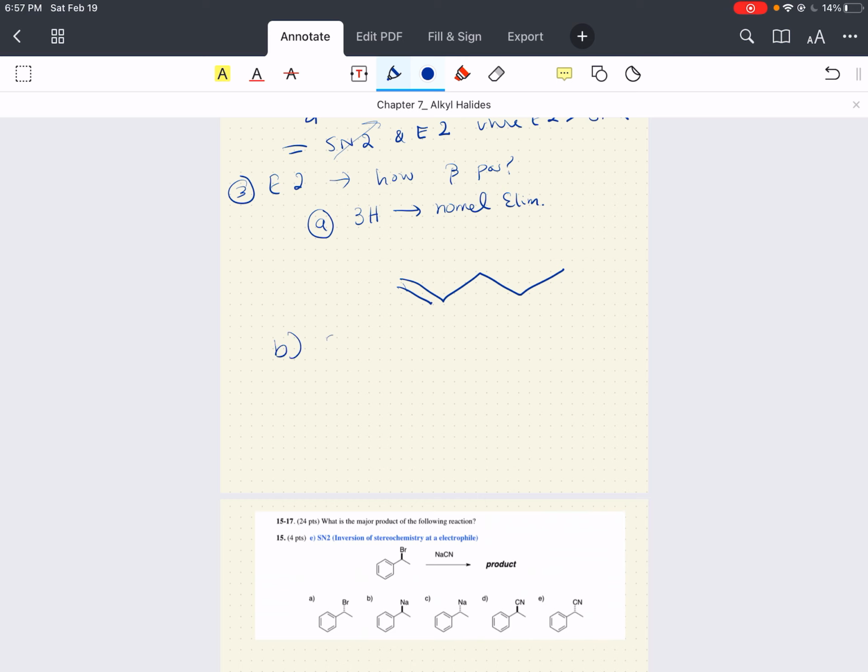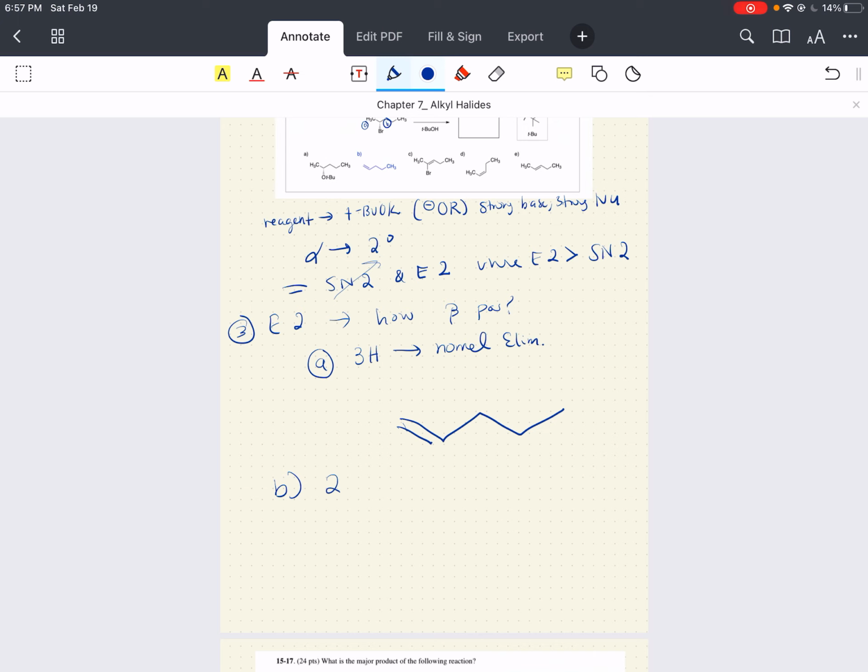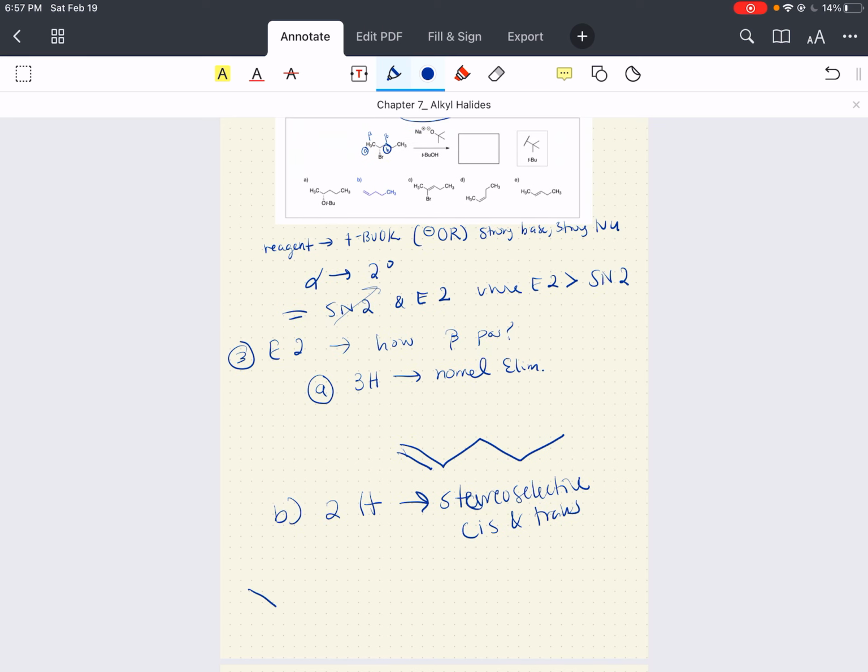Now let's do B. How many hydrogens does that position have? It has 2 hydrogens. That means we need to think stereoselective, and that means we're going to get cis and trans here. We need to draw the cis and trans product. Let's first draw our trans product.